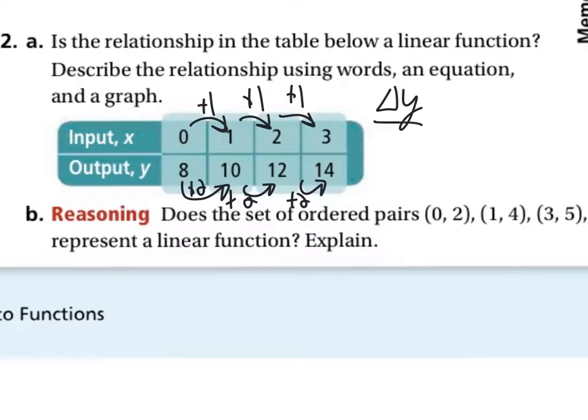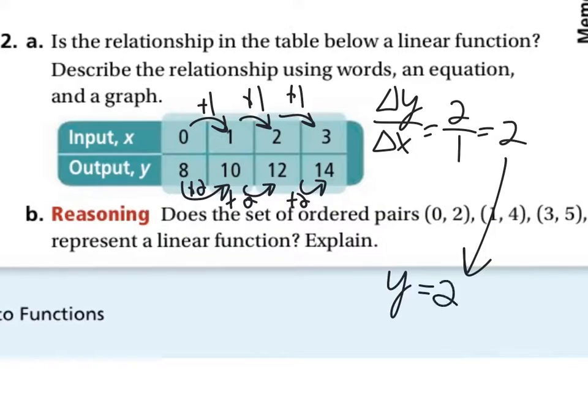So the slope of our line is going up 2 over 1. So our slope is 2. So our equation, we would start with Y equals 2X, and then we'll see about adjusting that. So if we put in a 0 for X, 2 times 0 is 0. We want to get 8, so we would have to add 8.